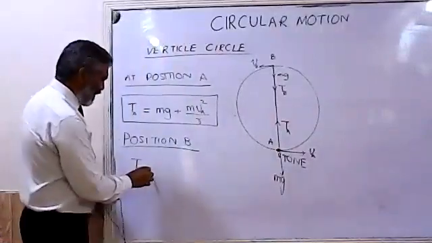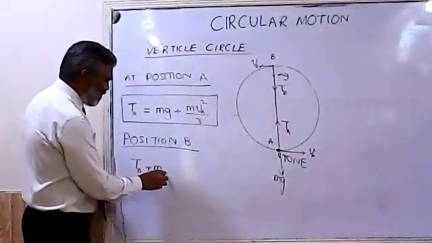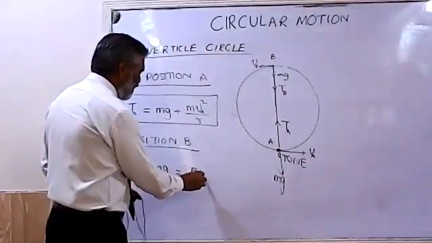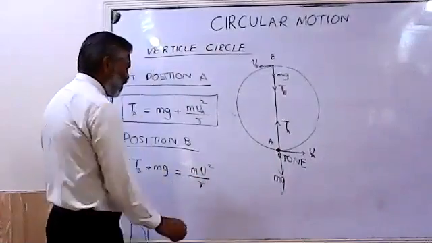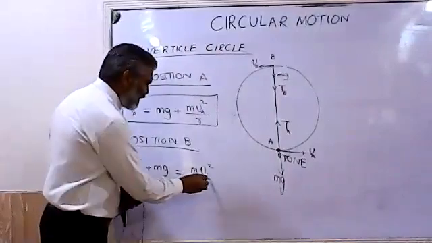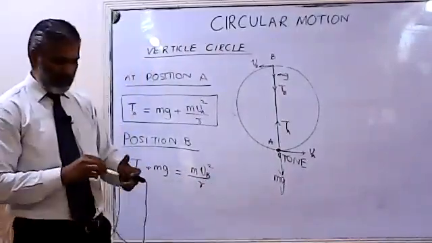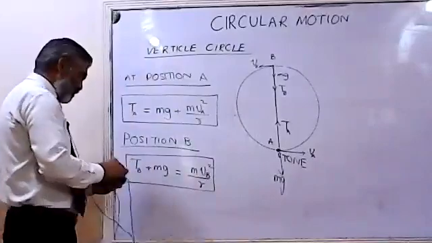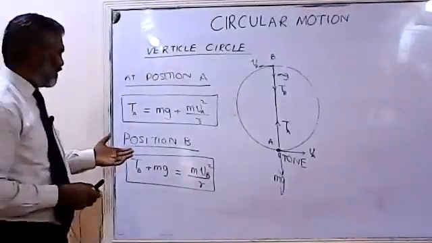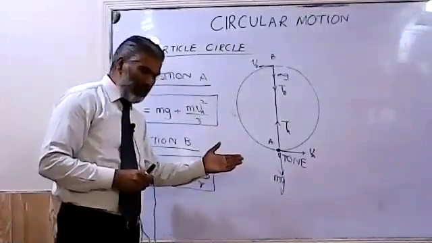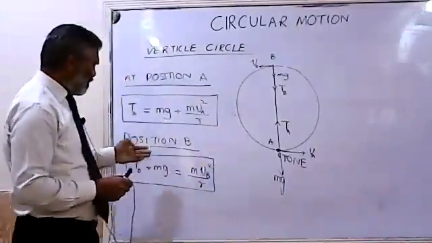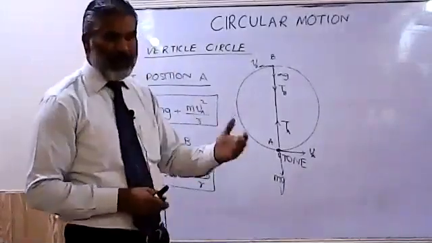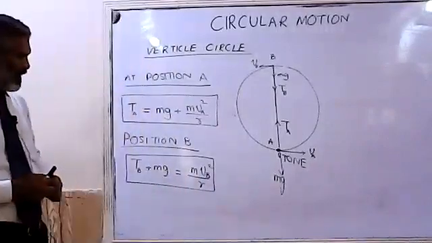That means I must add mg to this side of the equation and write mv square over r on this side of the equation, and this v is VB. So these two equations clearly explain the relationship between the tension in the string and the weight and the expression for the centripetal force that we have been using for the horizontal circles.